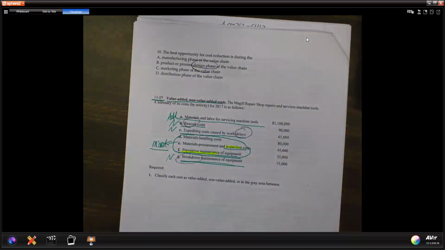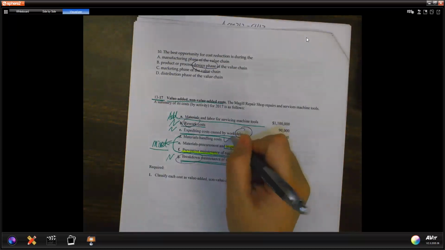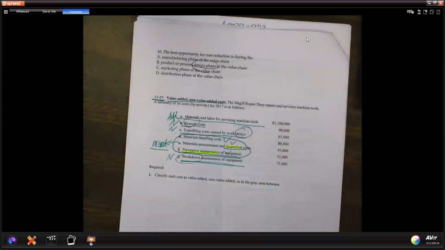And in reality, some costs are in the middle, they are mixed: part is value added, part is non-value added. Just think about inspection. If your products are perfect, and you do inspection but still cannot find any bad ones, then the inspection is non-value added because you did extra work, right?